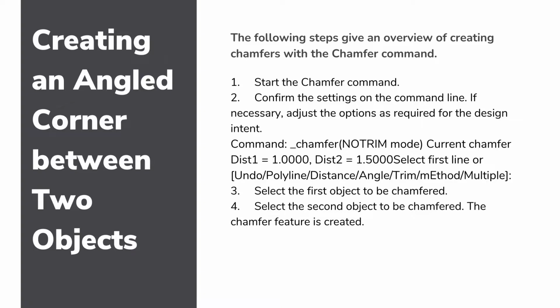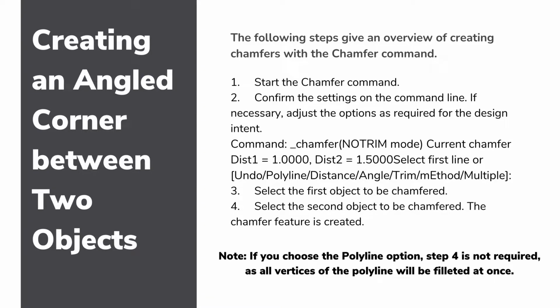If necessary, adjust the options as required for the design intent. Then next, select the first object to be chamfered. And last, select the second object to be chamfered. So the chamfer feature is created. But take note, if you choose the polyline option, step 4 is not required as all vertices of the polyline will be filleted at once.